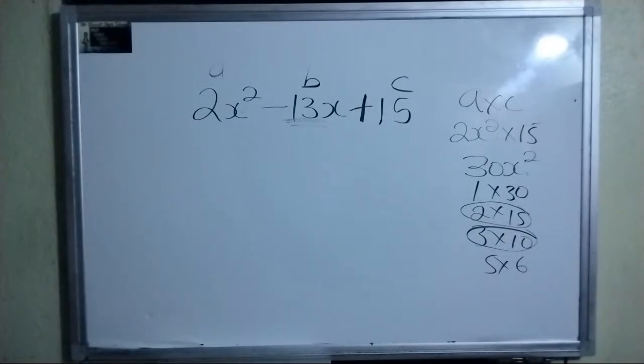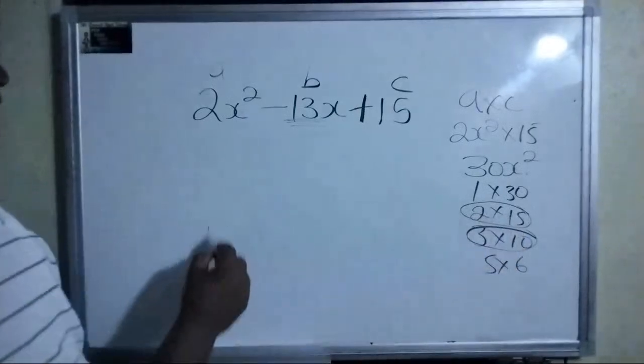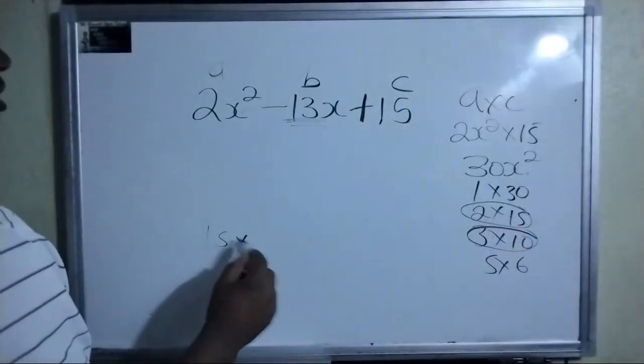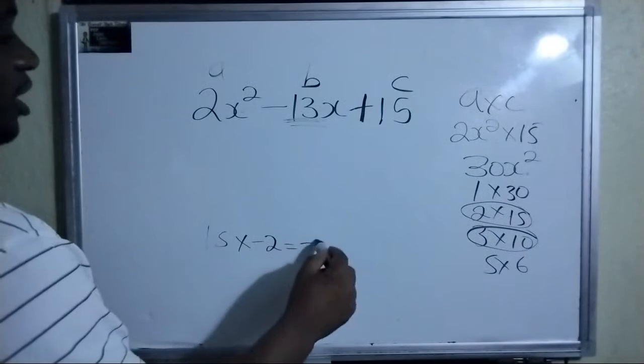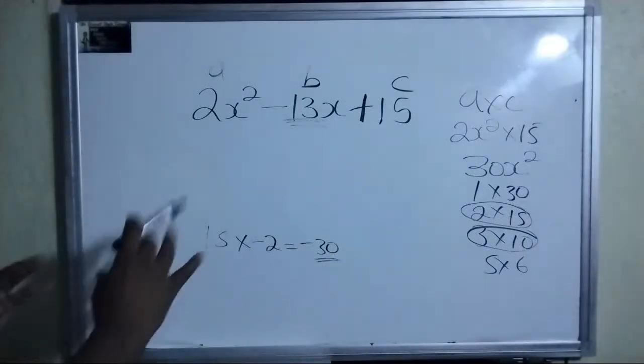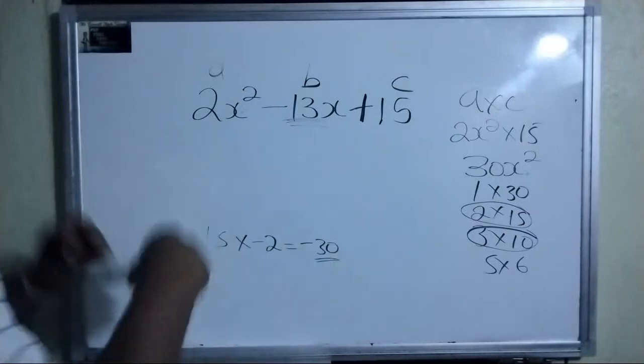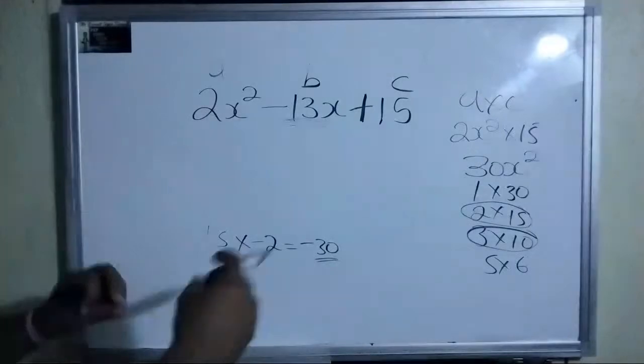Alright, Cherry said negative 3 and negative 10. Very good. Right? Because think about it, guys. If we choose 2 and 15, one has to be negative, and we'll end up with a negative 30. But it's a positive. So only the same sign can give you a positive. Either negative and negative give you a positive, or positive and positive, right?